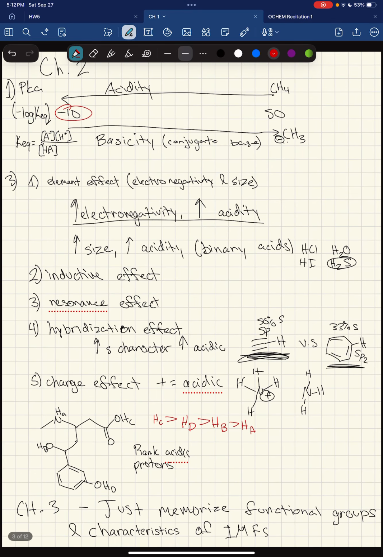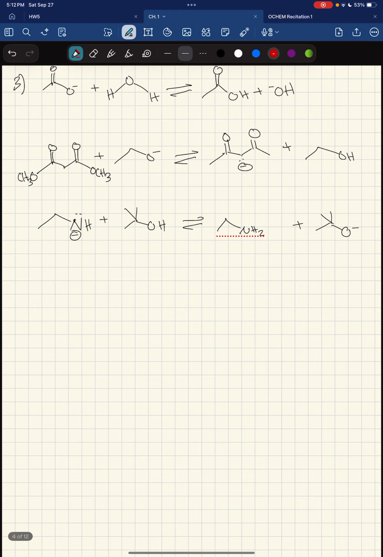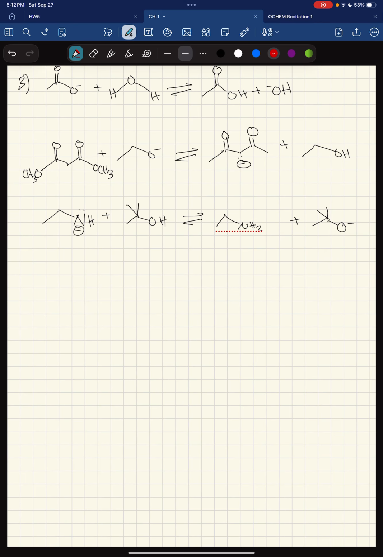All right. Looking at number 2 on the concept guide for chapter 2: predict the outcome of an acid-base reaction and predict the favored side of an acid-base equilibrium.